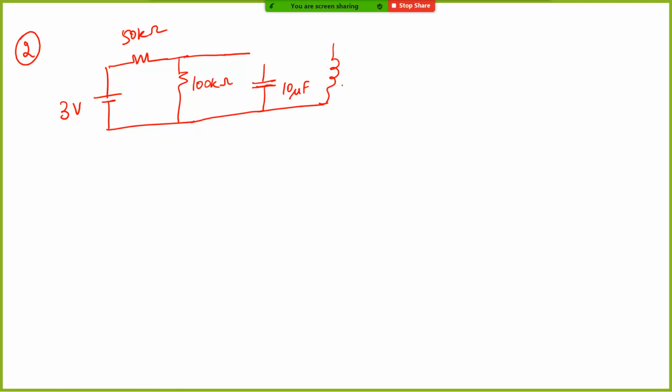This is 2 Henry, and you have a plus minus. This is 5 u of minus t, and there is a 500 ohm. What happens here is that the switch is on the left side, and it moves to the right side at t equal to 0.